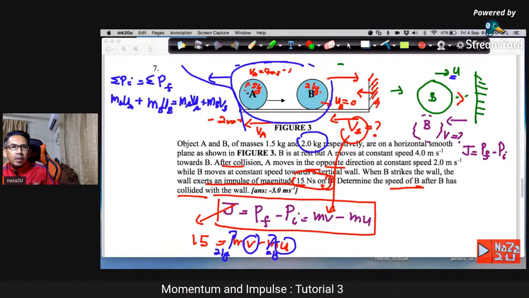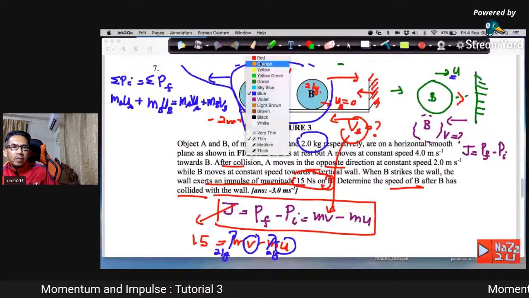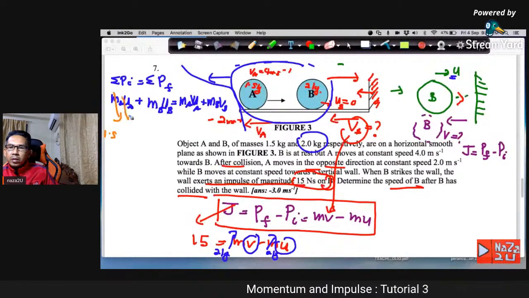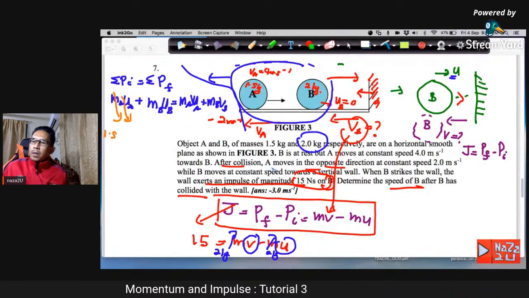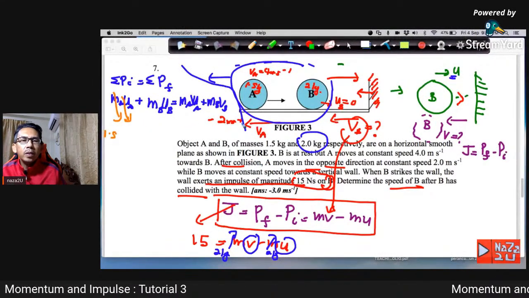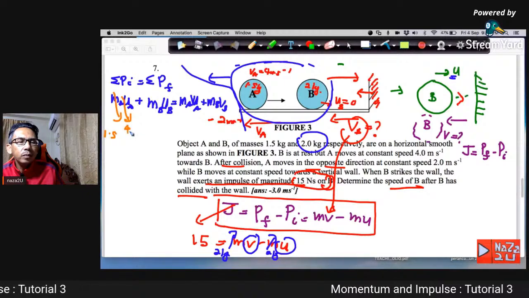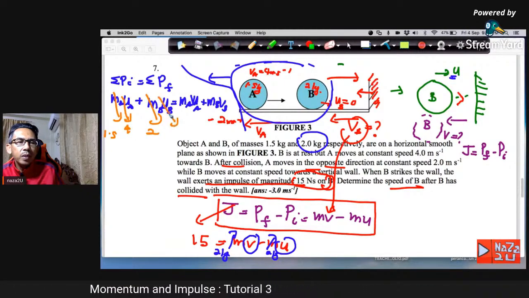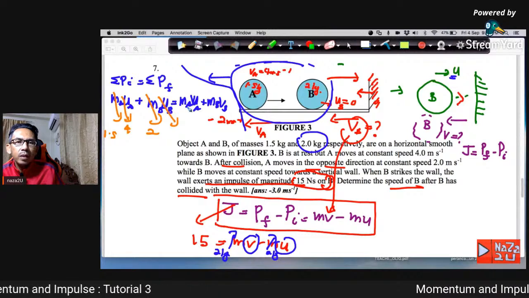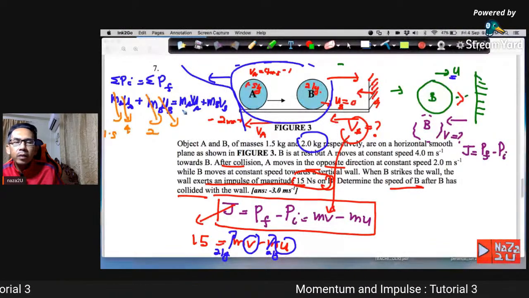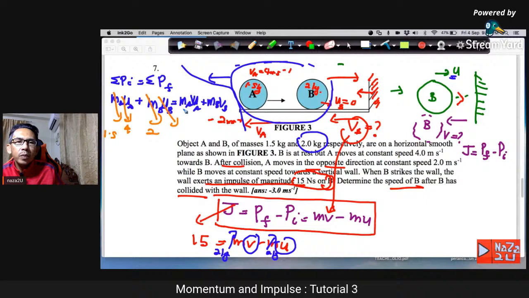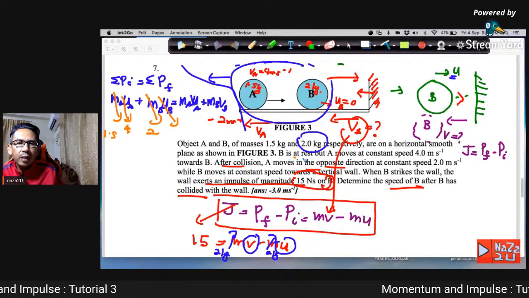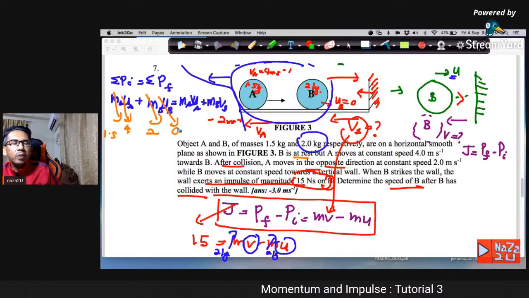If we substitute the values, MA is 1.5 and UA is 4, mass B is 2 kilograms, and UB is horizontal, B at rest, so we have 0 here.